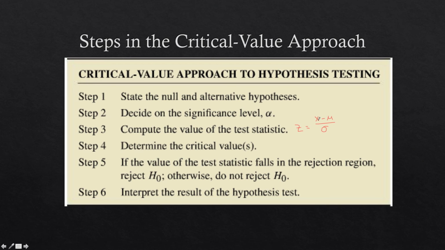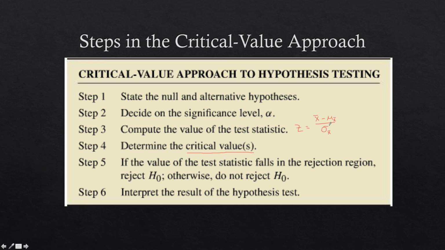Determine the critical values. Remember, find your z-scores like we just got finished doing, using your significance level so that you can find the critical values. Then test your data. Take your data, plug it into your test statistic, and figure out the z-score.